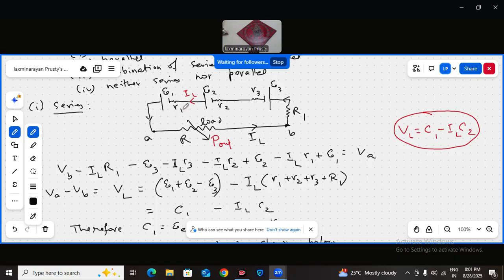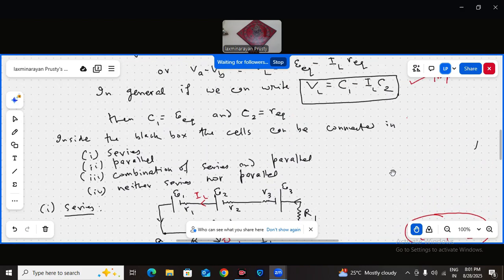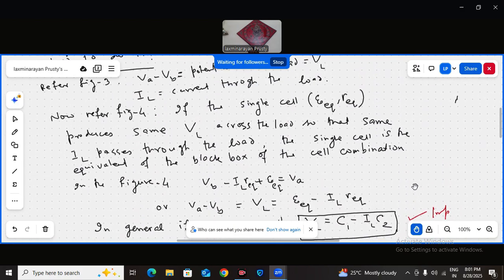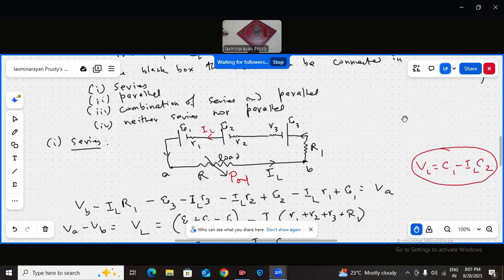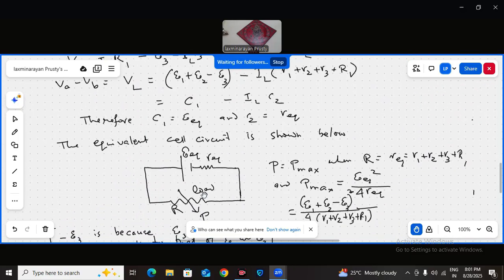Again minus IL R1 plus E1. Where I am, VA. So VA minus VB, which is VL, you can check that. This is the VA. VA minus VB is the VL, and this is the IL which is passing here.